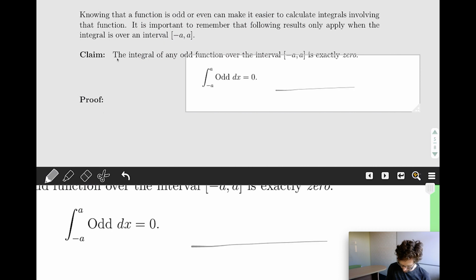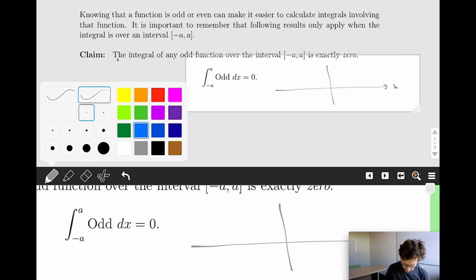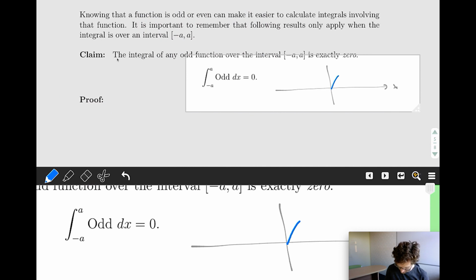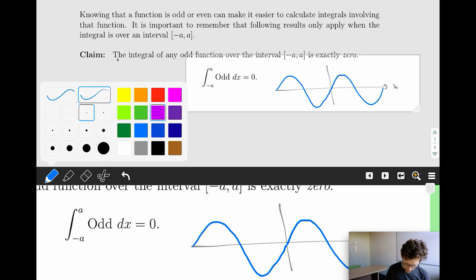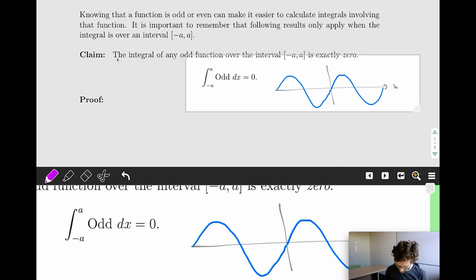So here's my function. Sine looks something like this. And let's say that we're integrating over this, between some value, let's put a right here, and let's put minus a right here.